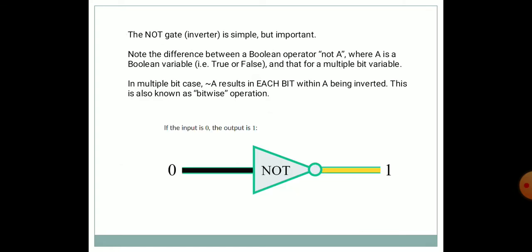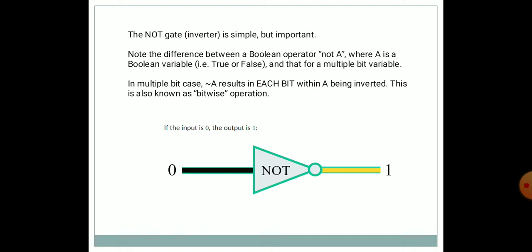This is the simple one, but it is a more important logic gate. As you see, the difference between a Boolean operator not A, where A is a Boolean variable, is that it can also be used to represent true and false, and for multiple bit variables also.